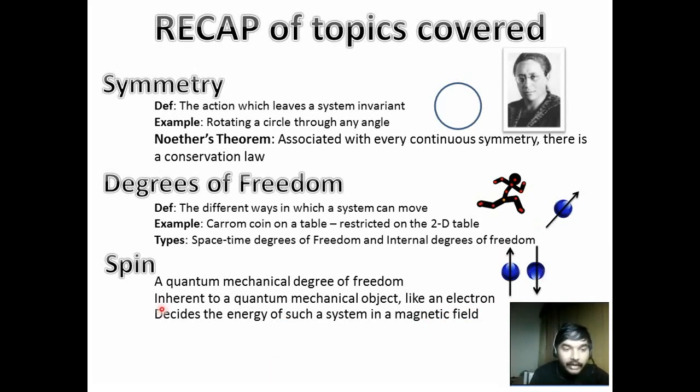Okay, and as you know, the degrees of freedom are associated with different energies of a system. The spin of an electron is also associated with the energy of the electron. If you put that electron in a magnetic field, the magnetic field will try to align the electron in the direction such that the energy of the whole system is minimized.